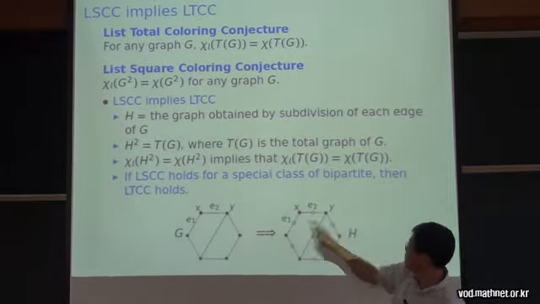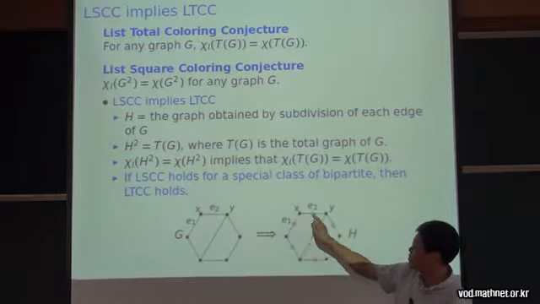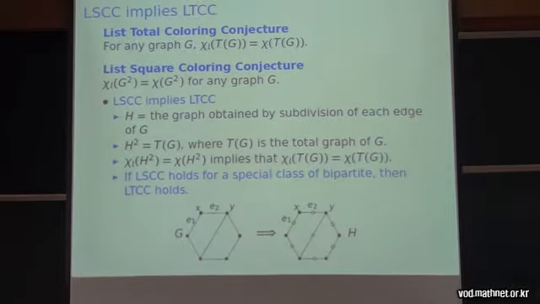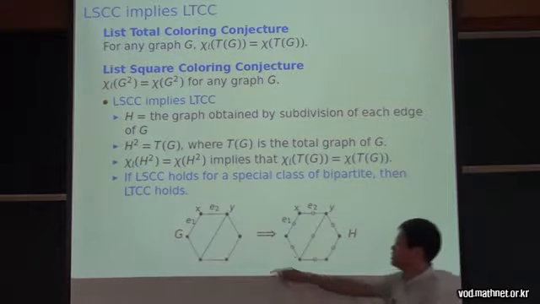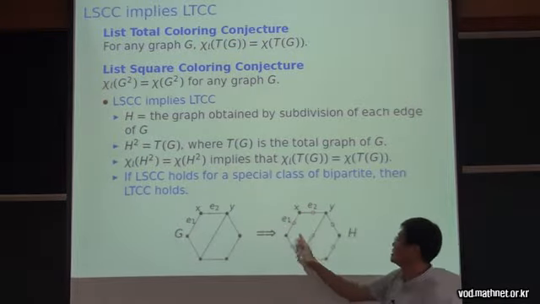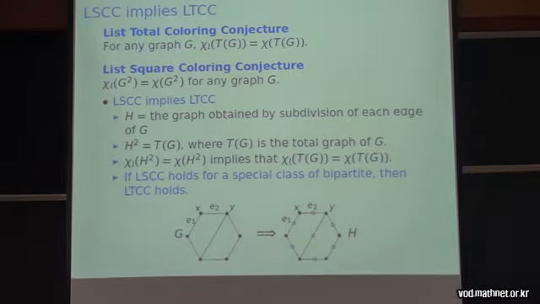So in the square of H, the distance is 2, and they should have different colors. So the key point is that coloring of the total graph of G is exactly the same as coloring of H squared. So this is the motivation.